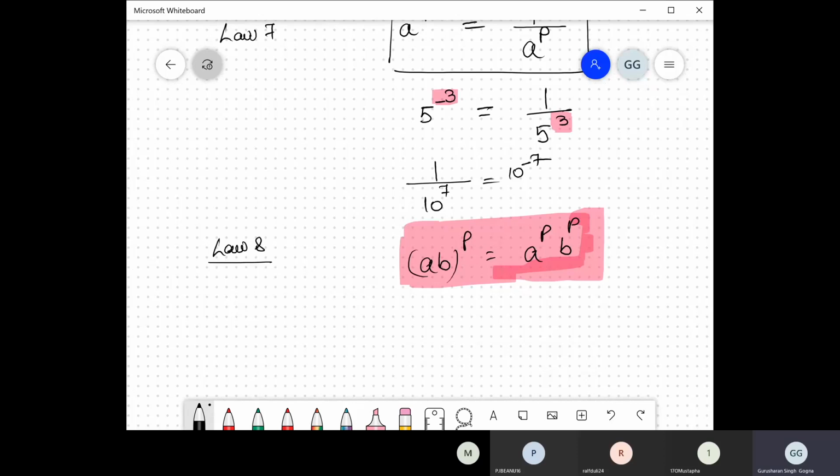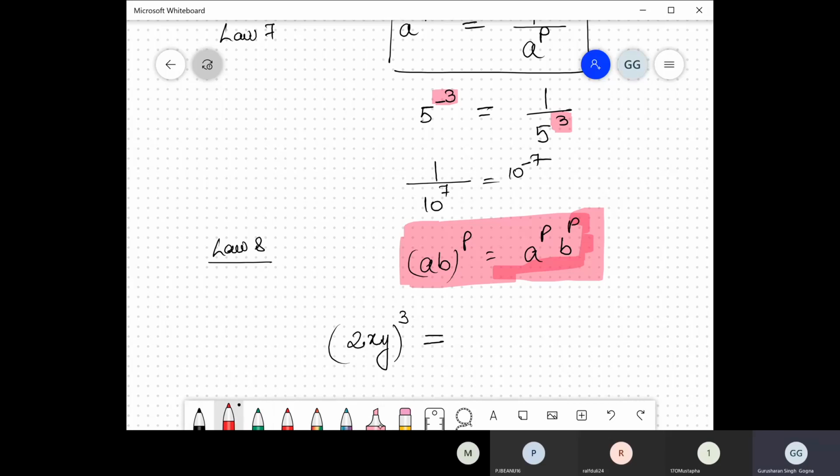And I will directly give you an example to understand this. So if you have 2xy to the power 3, according to this law, what does it mean?